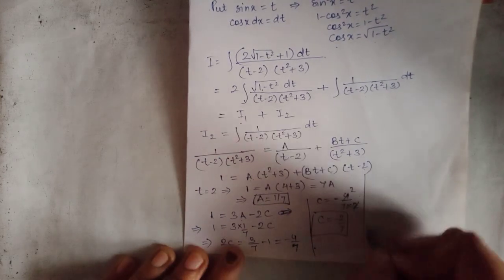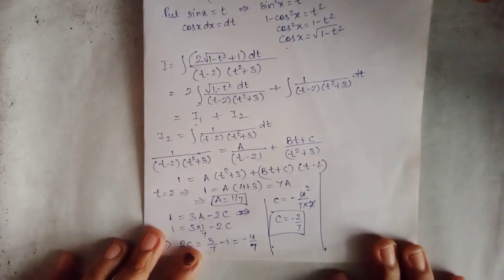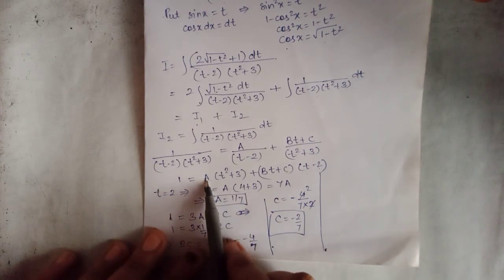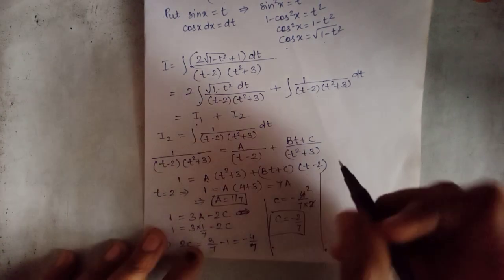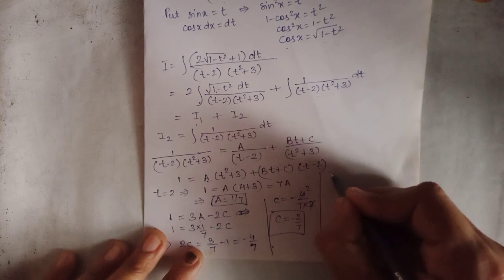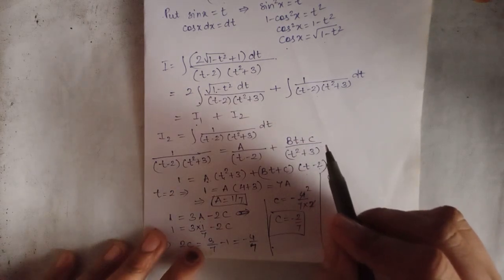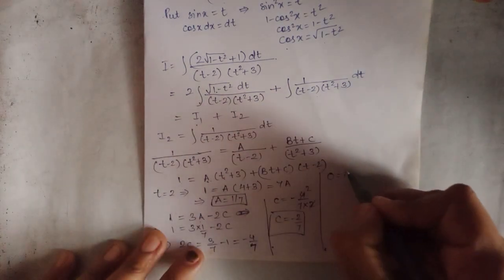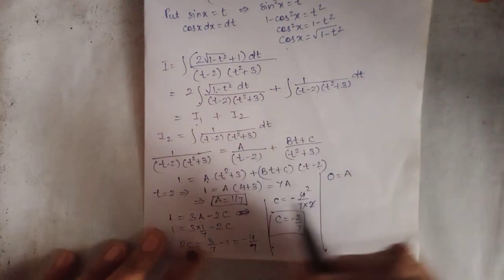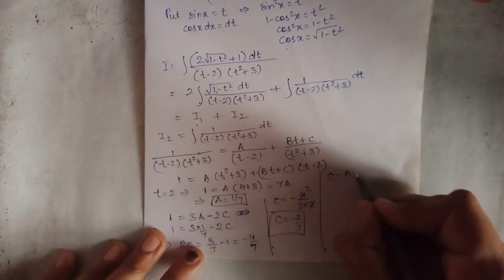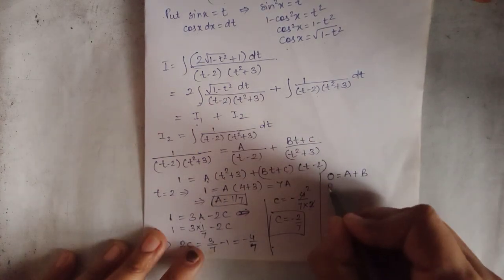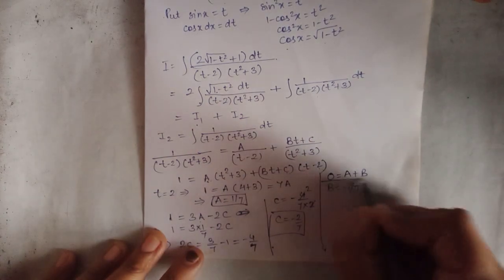We got c. Now we have to find b. Comparing the coefficients of t square, here it is 0, a t square gives a, and bt square gives plus b, so b is equal to minus 1 by 7.